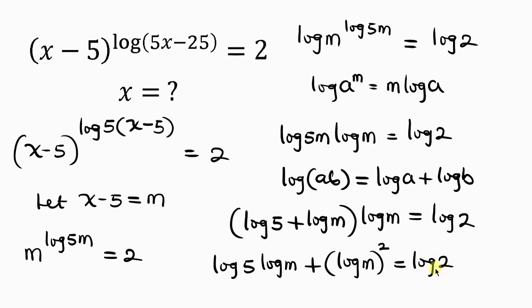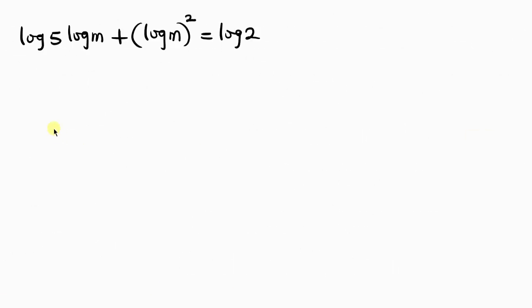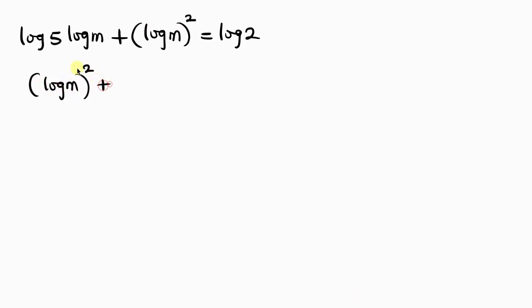Now notice that we have a quadratic equation in log m. So our next step will be for us to rearrange this equation so that it looks easy to solve. Let's do that in the next slide. So on rearranging, we're going to be having (log m) squared plus log 5 log m.